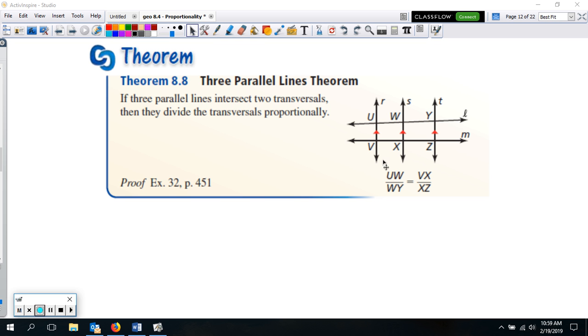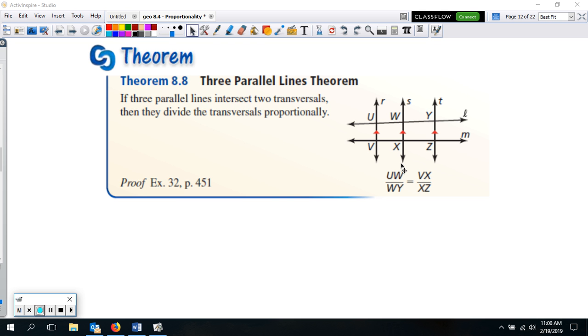And so you could see on this one it says UW, that's this segment here, over the WY is going to equal the VX, the same one from here on the numerators, over the XZ, same one on the denominators. So this is one ratio, and this is the other ratio. Our first piece here is the numerators, the second piece is the denominators, so they are being consistent as they set that up.